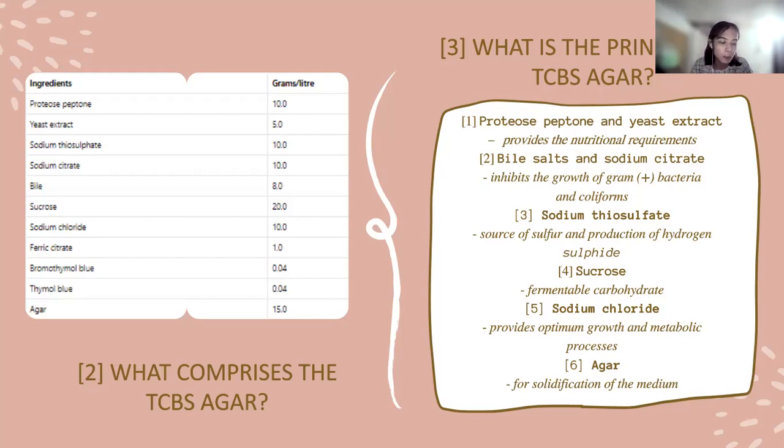So in number 2, we have the bile salts and sodium citrate. These are agents that inhibit the growth of gram-positive bacteria and coliforms.